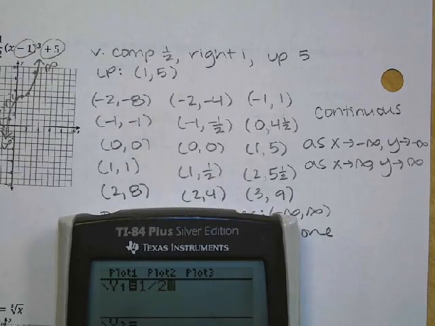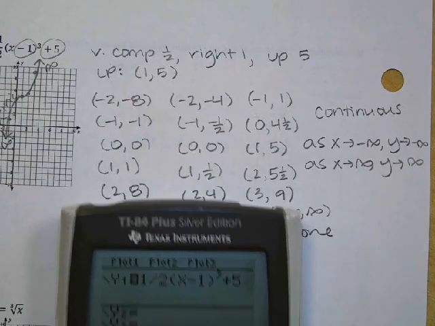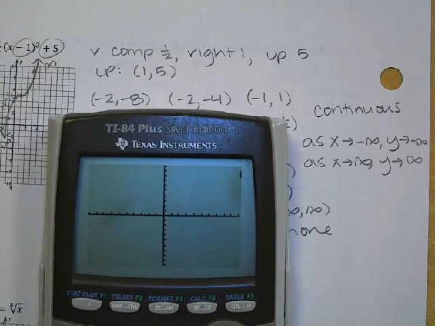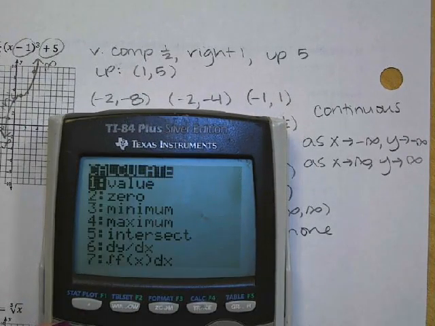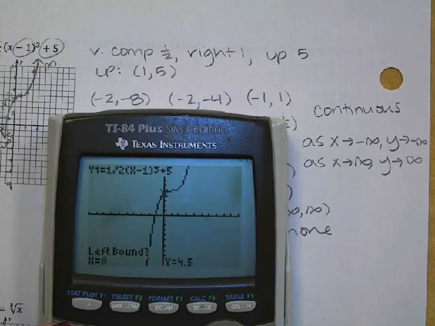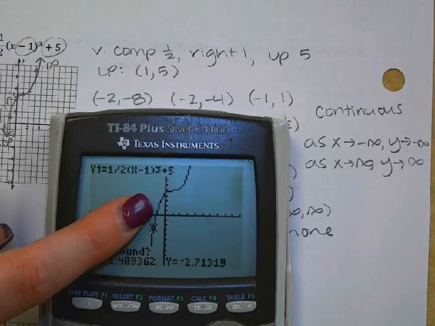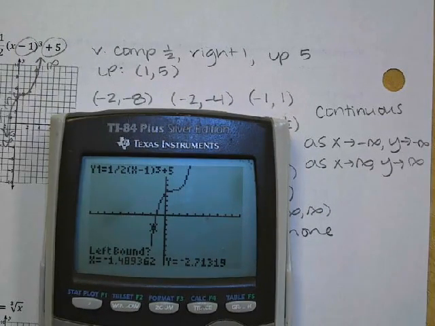So 1/2 (x - 1)^3 + 5. So I can do second trace, option number 2 to find the zeros of the graph. So my left bound would need to have the cursor a little bit to the left of the point, so it's a little bit underneath.